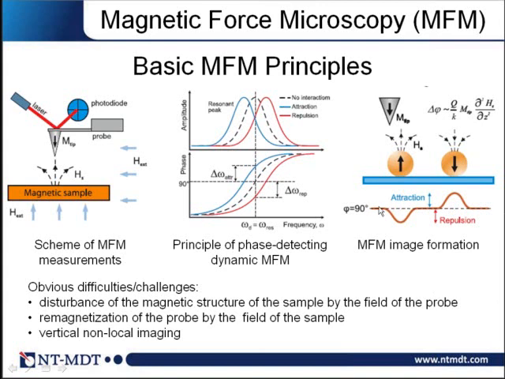As you see here, you need just to measure the phase angle between the reference signal driving force and the oscillation of your cantilever, and if this angle is less or more than 90 degrees, you have the attractive or repulsive force, provided, of course, that your tip is magnetized as shown in the picture. Should the tip be magnetized in the opposite direction, the contrast will also be reversed.